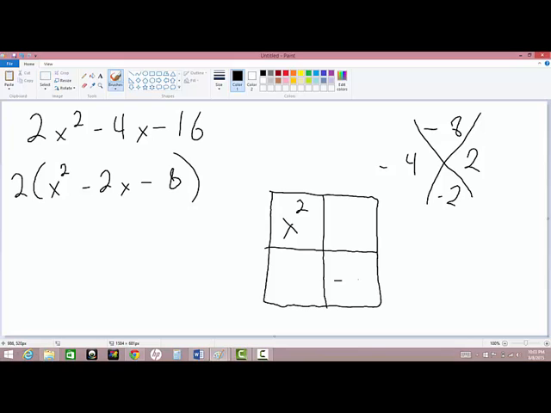We put the negative 8 in the lower right-hand side. 2x goes here, negative 4x goes here. And if you'd like, since you already know whether those terms are positive or negative, in the upper right-hand corner and lower left-hand corner, go ahead and put the sign there. Or if you'd like to wait until you have all your factors, it's up to you.